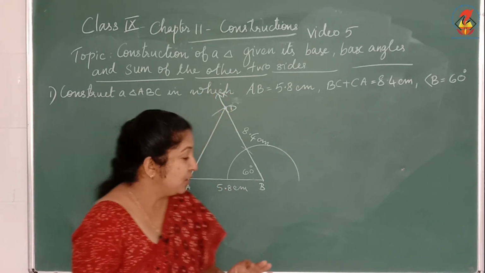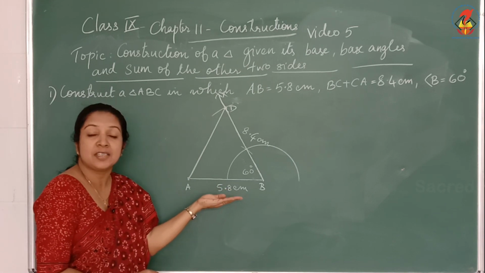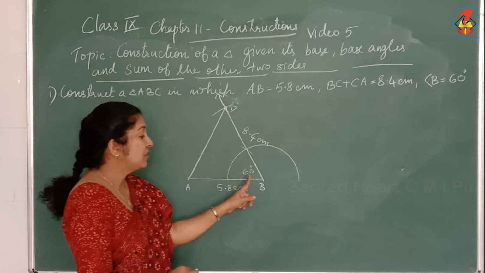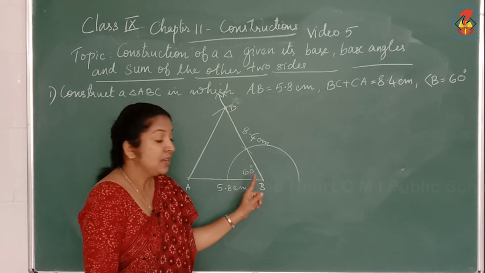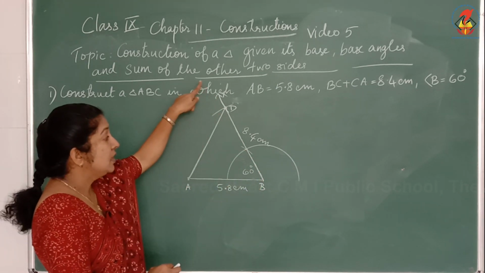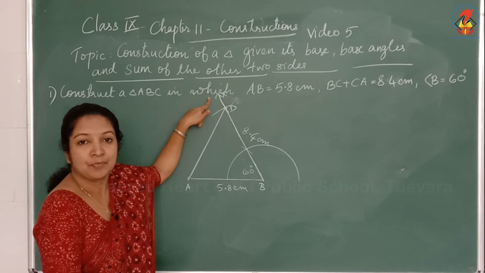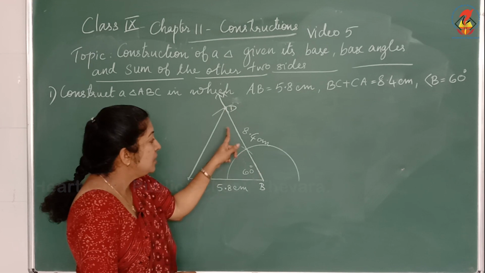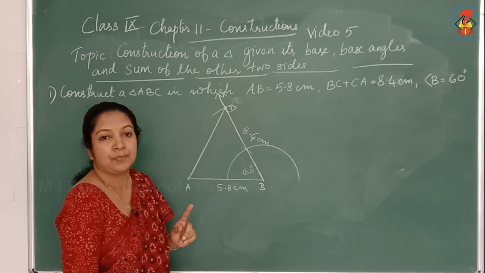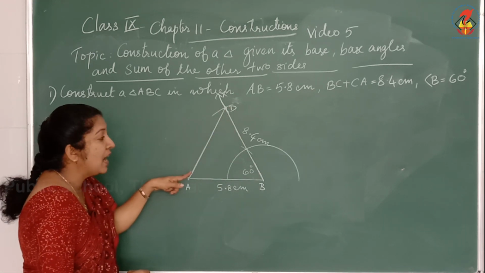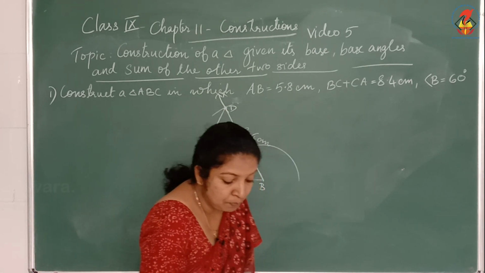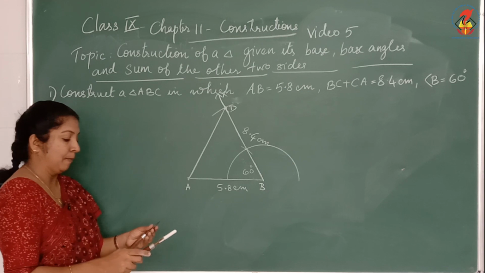So what we have done first? We have drawn a line segment AB of 5.8 centimeter and we have constructed 60 degree here and we have drawn the ray BX and we made a cut on this 8.4 centimeter away from B and we have joined A and D. What you have to do next is, draw the perpendicular bisector of AD.